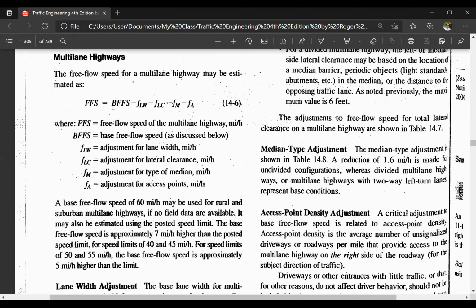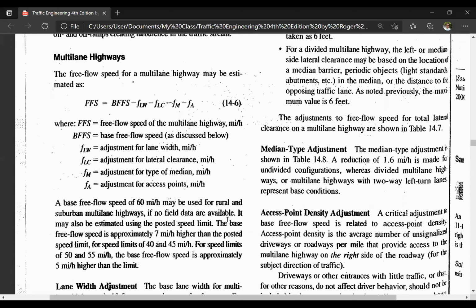Here, they talk about best free flow speed. A best free flow speed of 60 miles per hour may be used for rural and suburban multi-lane highways if no field data are available. But if you go and observe field data, and the best free flow speed is higher than 60, use the field data.